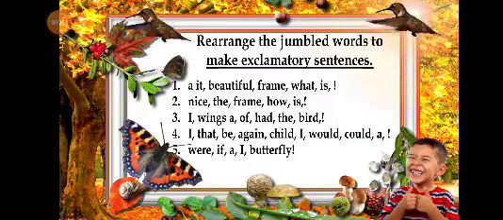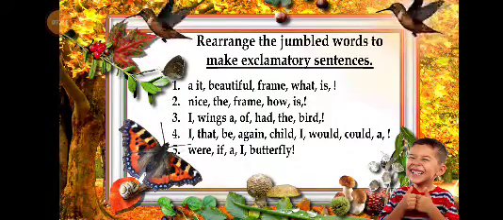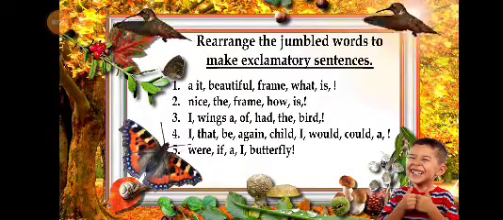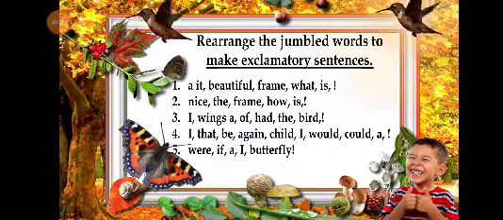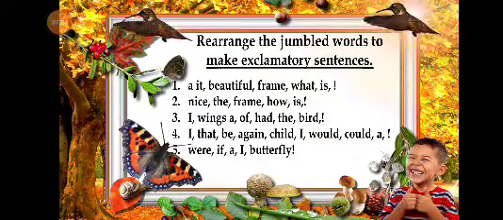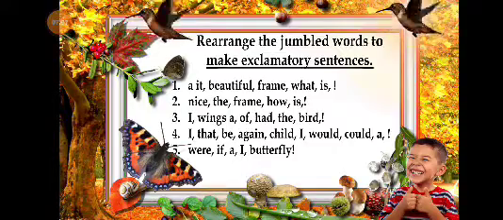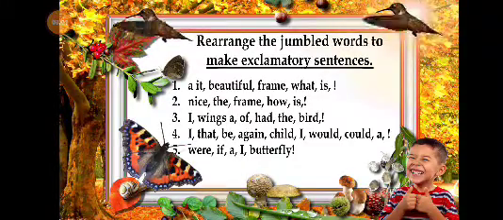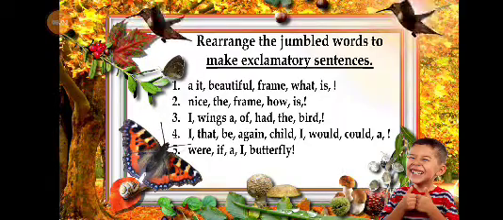These words are given here in a jumbled way, and if we want to make the exclamatory sentences, we can do it by remembering the three rules of formation of exclamatory sentence.